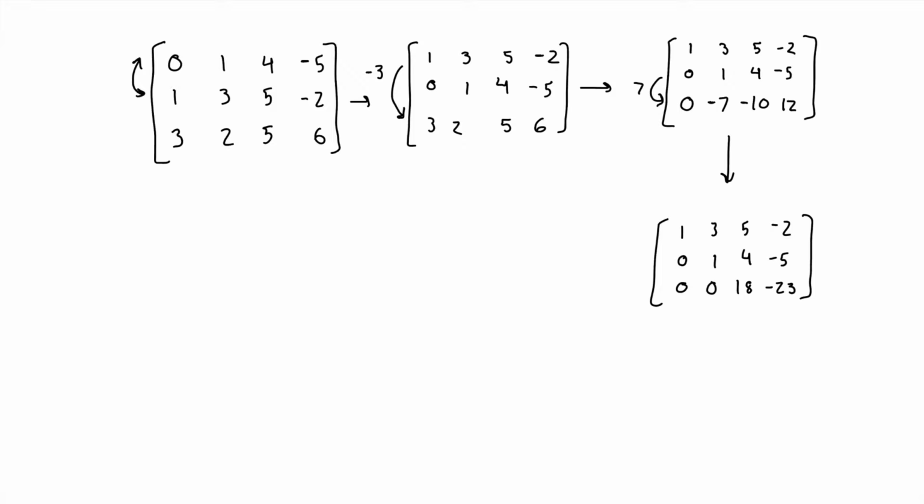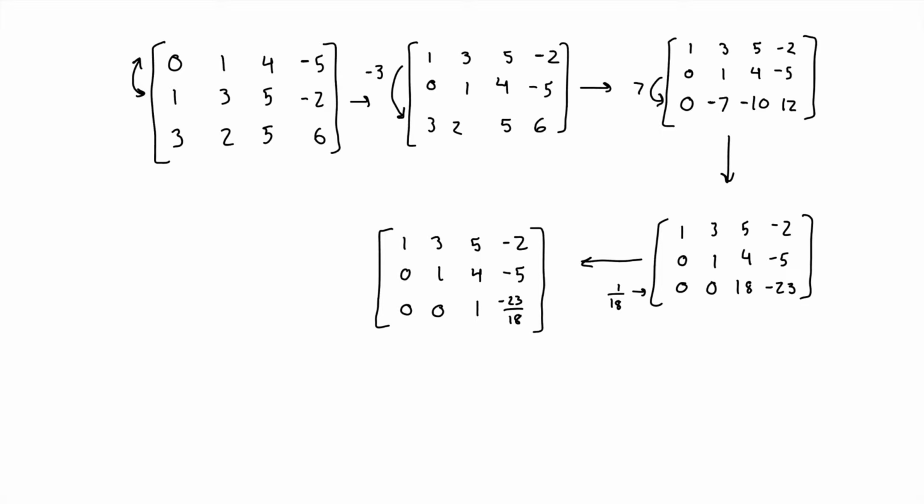And then to get a leading 1 in this row, we're going to multiply by the scalar value of 1/18. And so our row reduced matrix will become 1, 3, 5, negative 2 along the first row, 0, 1, 4, negative 5 along the second row, and 0, 0, 1, and then negative 23 divided by 18.